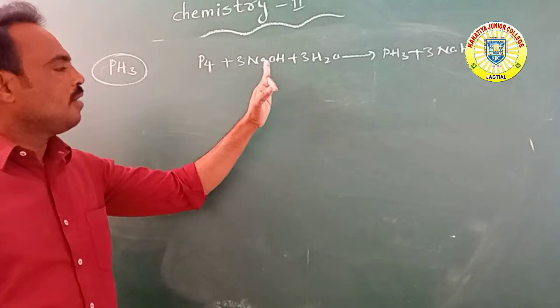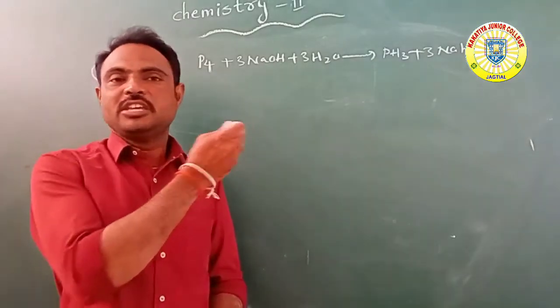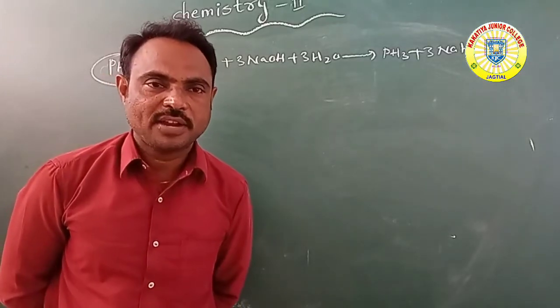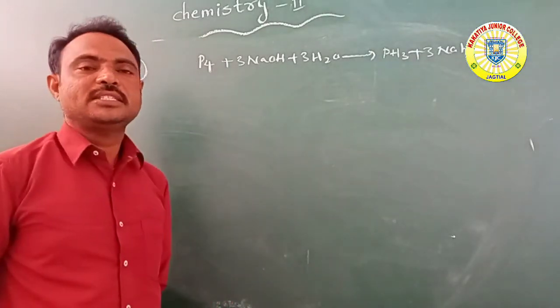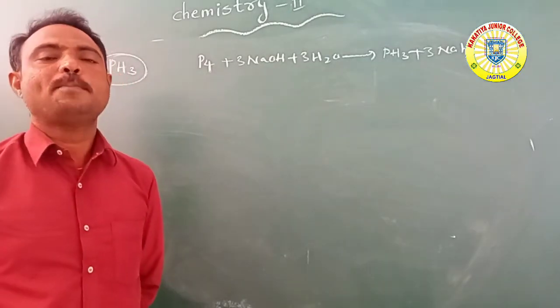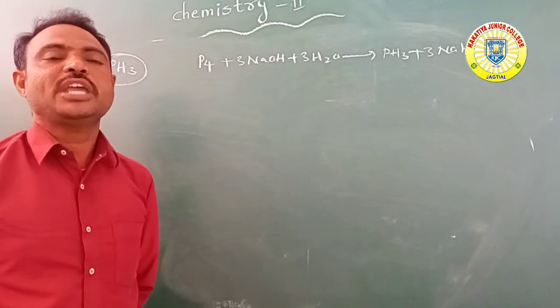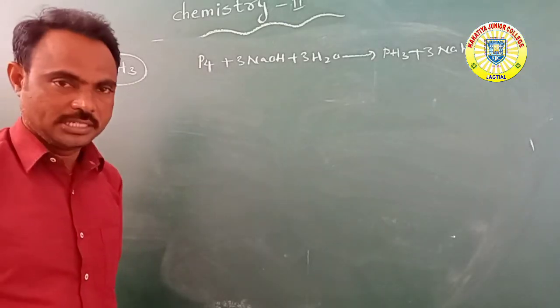So it is one of the best preparations of phosphine. This is a very important equation from the exam point of view. So overall, phosphorus is dissolved in sodium hydroxide solution to form phosphine and NaH2PO2, sodium hypophosphite.